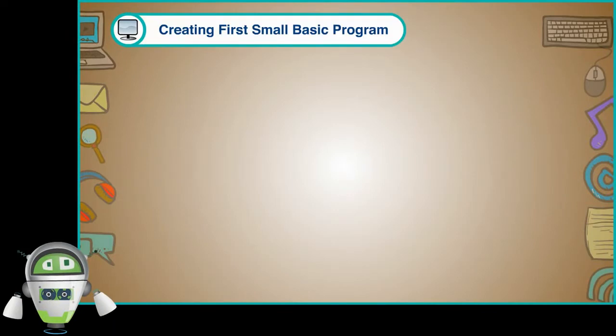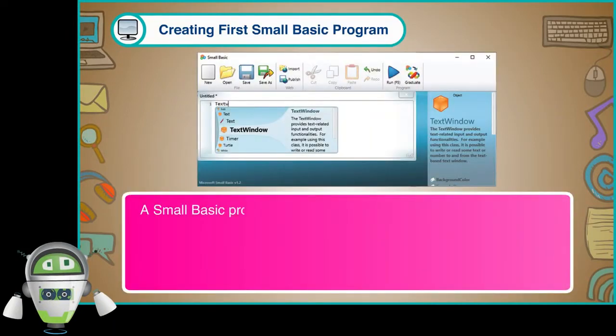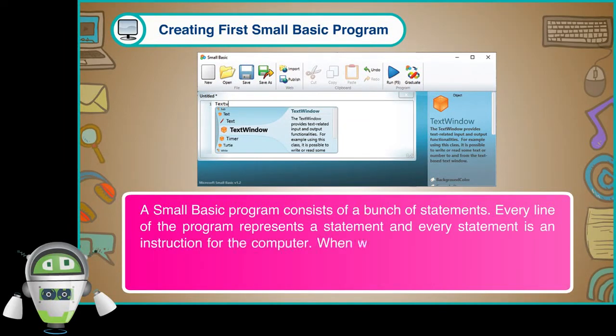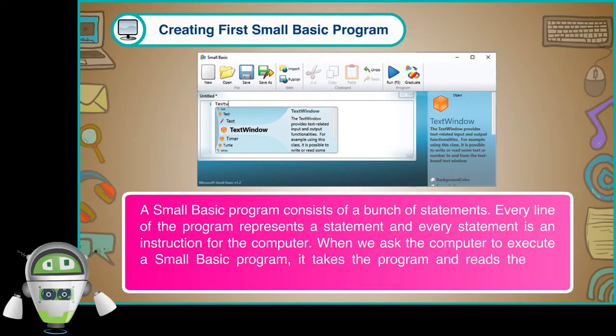Creating first Small Basic program. A Small Basic program consists of a bunch of statements. Every line of the program represents a statement and every statement is an instruction for the computer. When we ask the computer to execute a Small Basic program, it takes the program and reads the first statement.